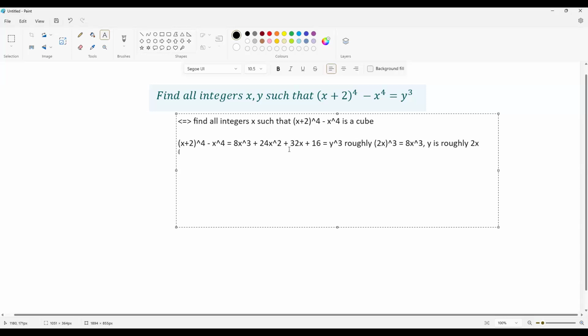So let's try what (2x plus 1) cubed is equal to. (2x plus 1) cubed is 8x cubed plus 12x squared plus 6x plus 1. How does this compare to that?